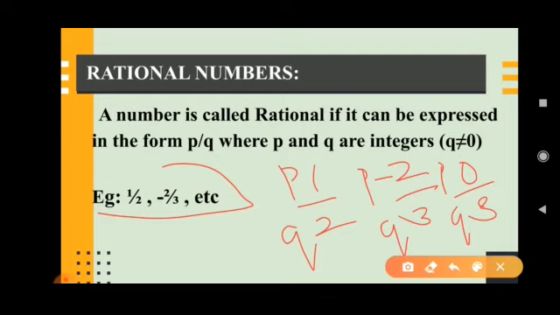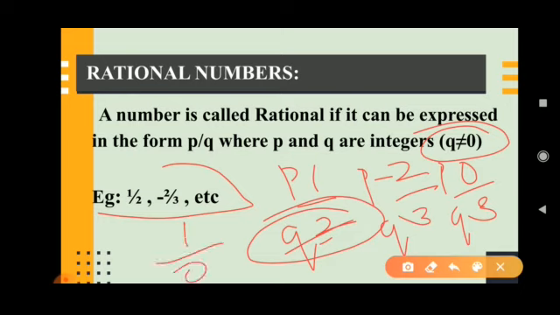As I told you, a fraction cannot be negative, but rational numbers can be negative. Clear? So here p is 1, q is 2, and one condition is that q should not be 0. For example, 1 by 0 is not defined, so it is not possible.